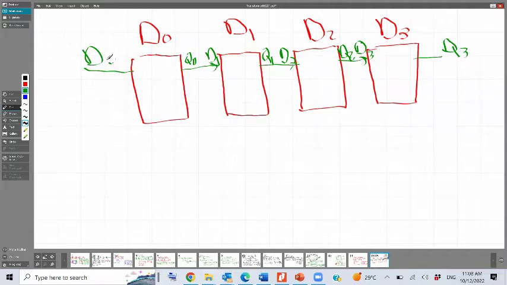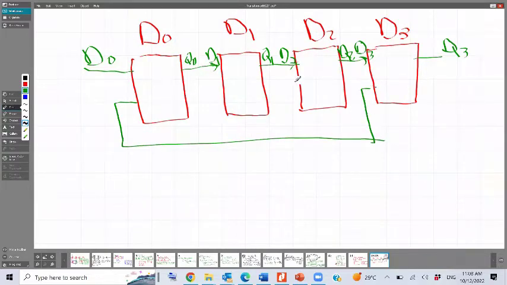All of those are tied to the same clock. One clock is feeding them all.